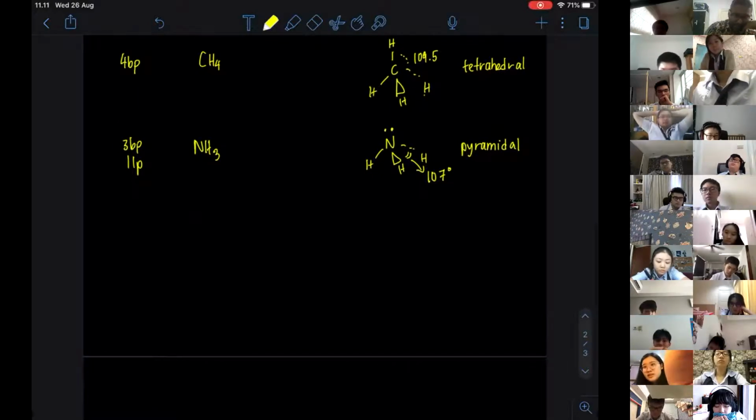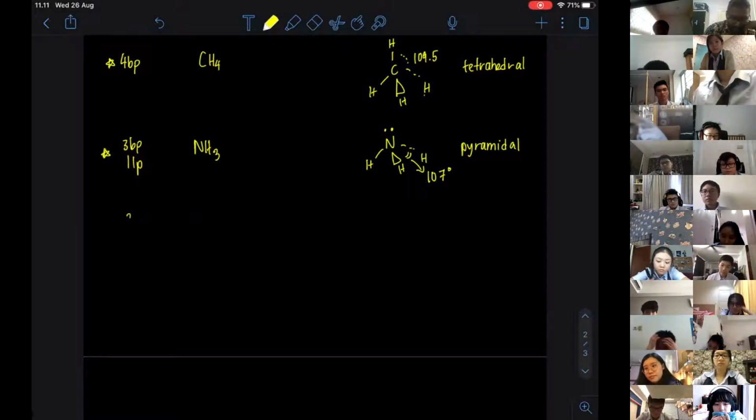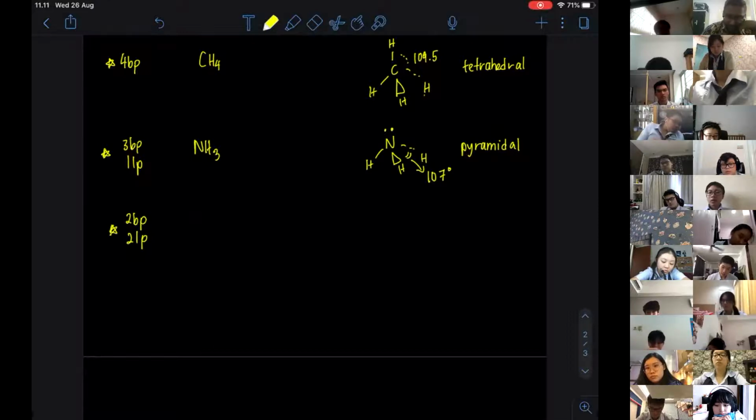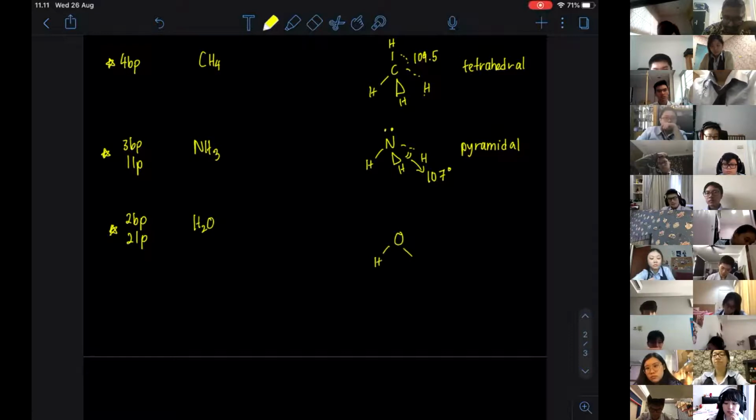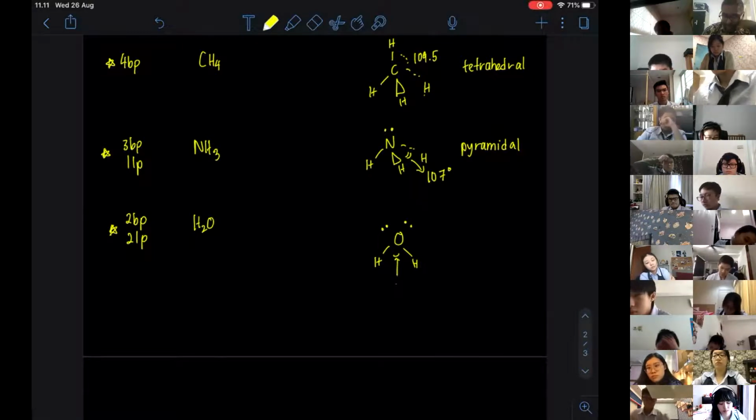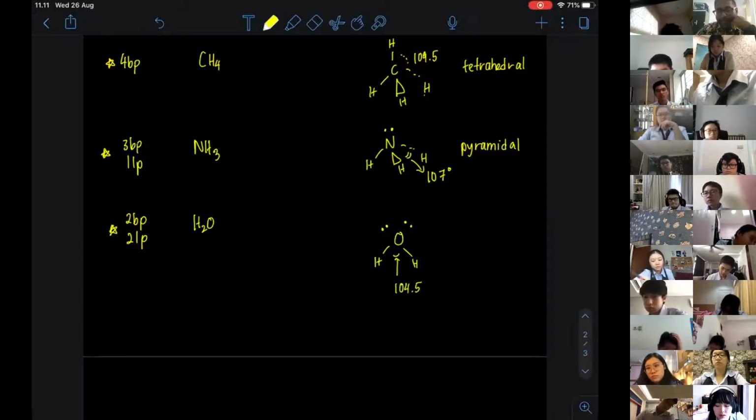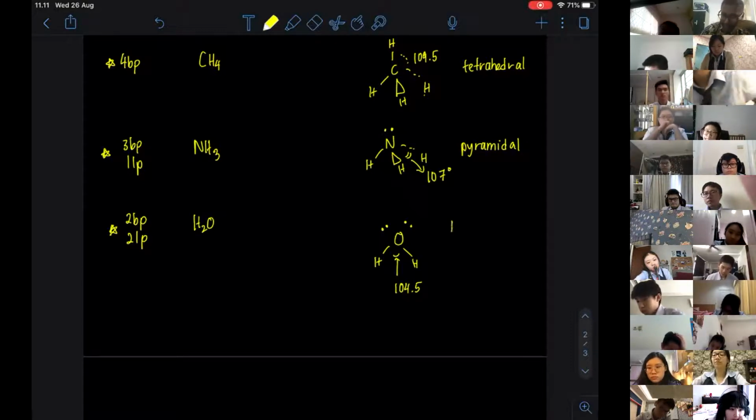As I said, we have 3 variations of 4 bonding pair. There's another one, 2 bonding pair and 2 lone pair. This is another variation. This one is H2O. If I put O, H, H, like this, the bond angle will be 104.5. The shape of water, in this case, is bent.